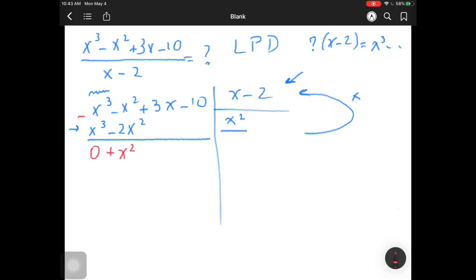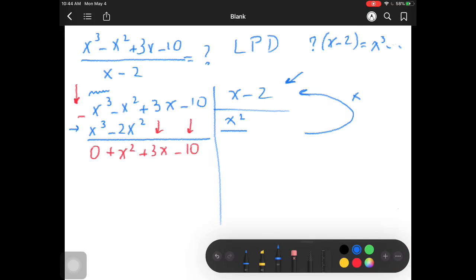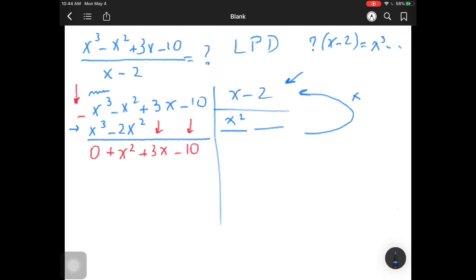Now in the second step, we're going to see how instead of simply subtracting, we can do something a little bit different. And now these go down, or you can take only one of them down. It doesn't matter for this step. Now you have to think, what do I write here so that when I multiply it by x minus 2, it has to start with x squared.